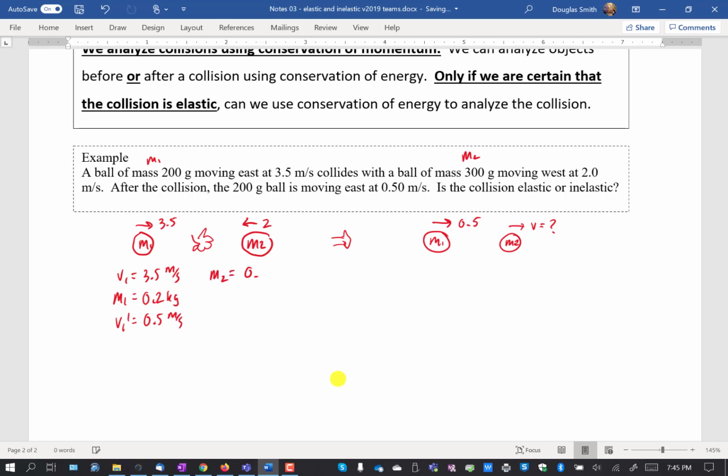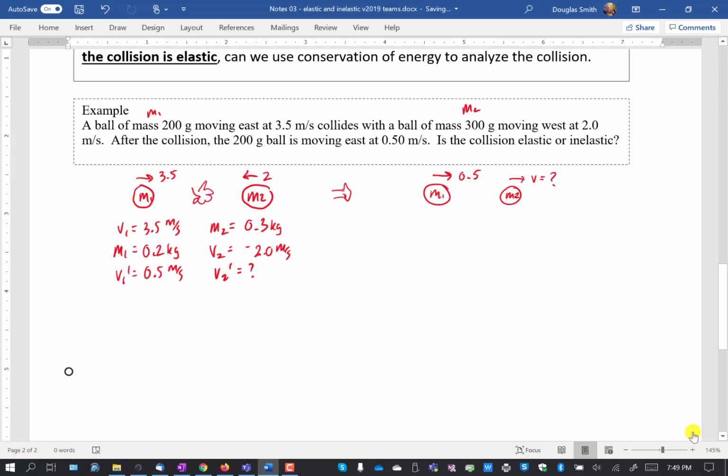M2 is 0.3 kilograms. V2 is negative 2.0 meters per second, and we're looking for V2 prime. You know what? I think I'm going to change this question just a little bit, just to make sure it works out okay. I'm going to change this to 0.10 meters per second.